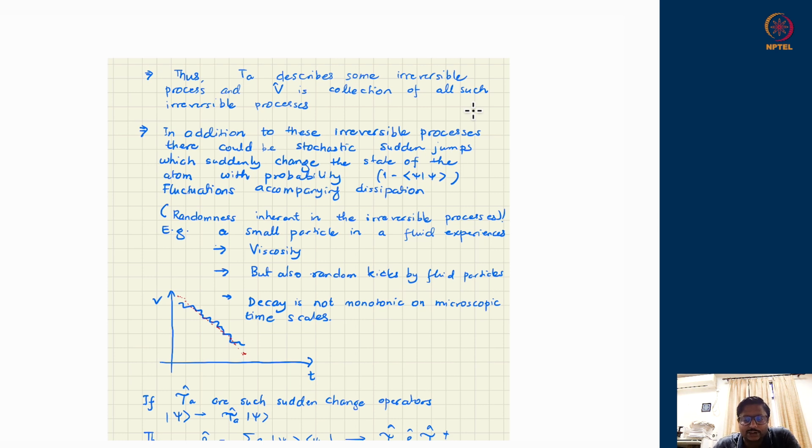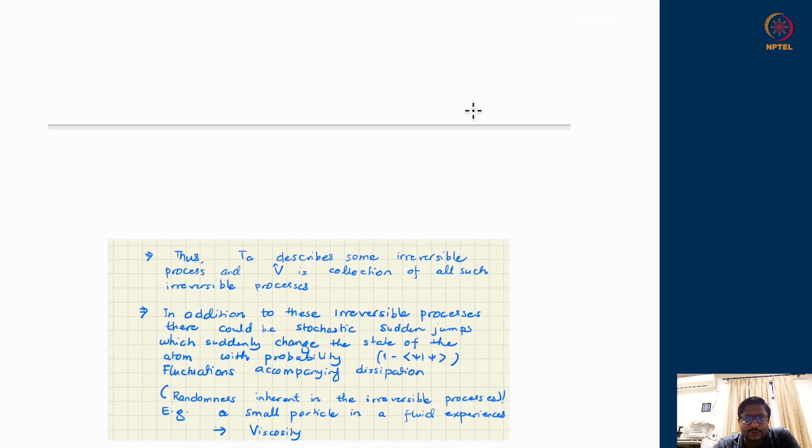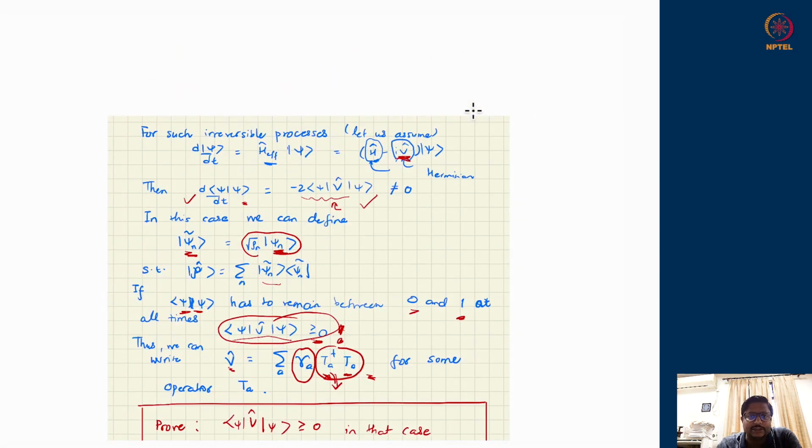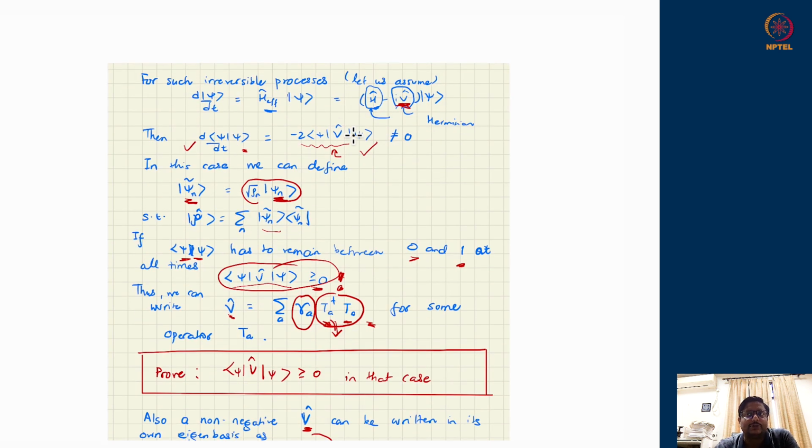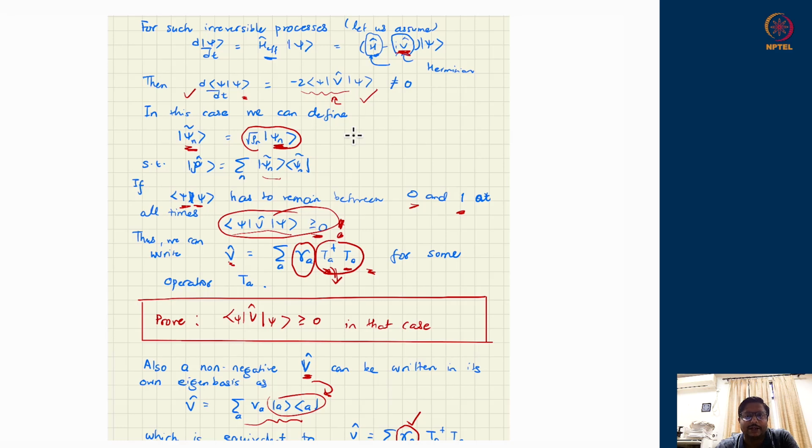It is not that these irreversible processes are guiding its evolution through this kind of simple differential equation. This is one case, but most of the times the dissipative processes are also accompanied by sudden or stochastic fluctuations in the wave function. It is not that it will just dissipate very nicely, very smoothly, and its probability will go down.